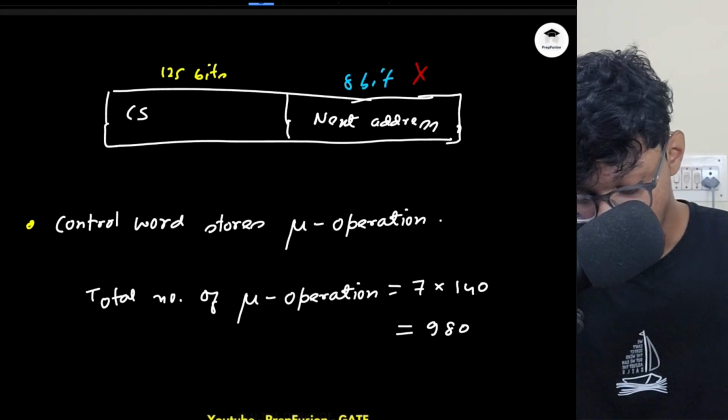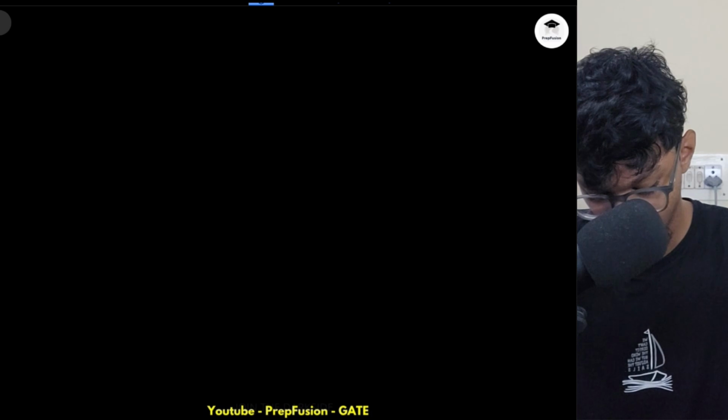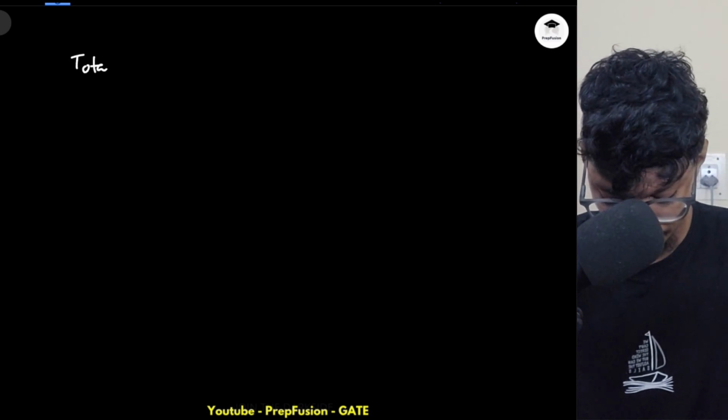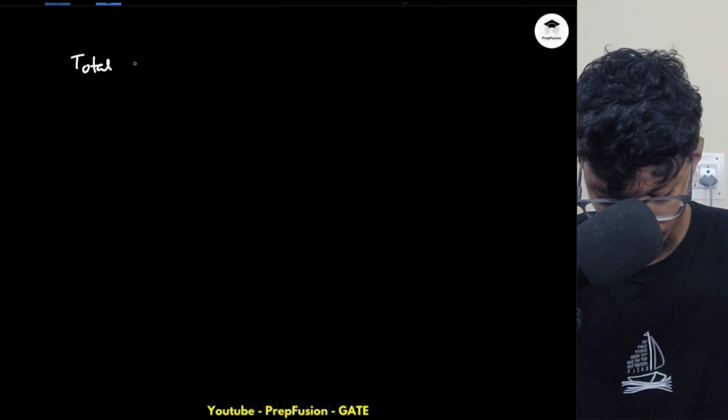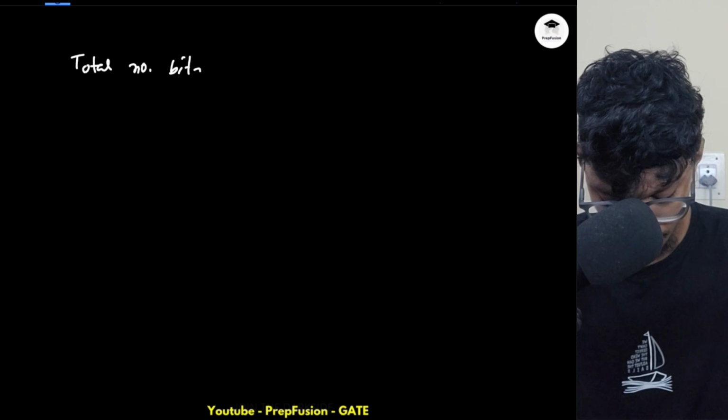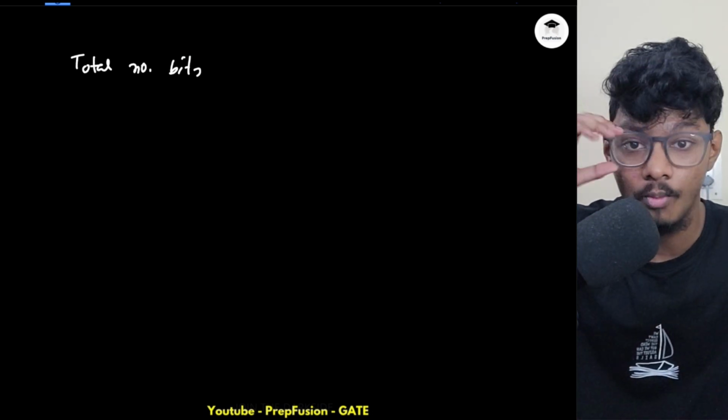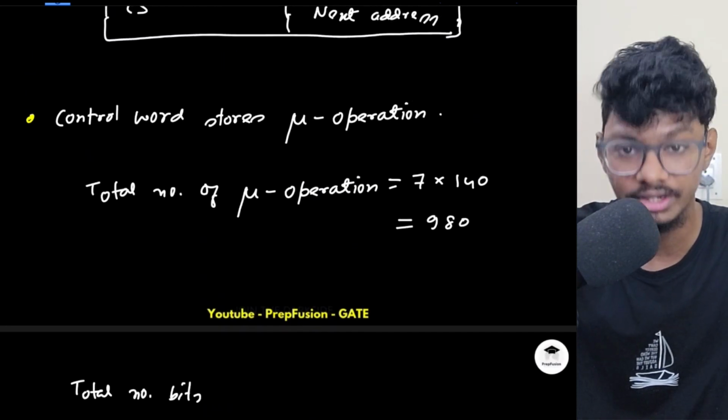So for this, how many bits will I need in total? I have to store these micro operations, and each micro operation will be stored in its own control word.